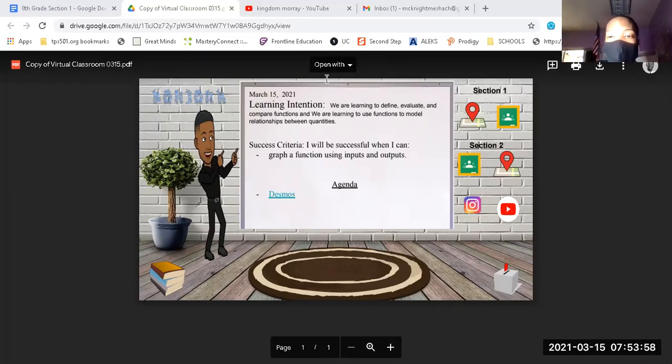To start out, we are going to plot some points. So go ahead and get a piece of paper. You could do this while I'm doing it. Plotting points on a graph.